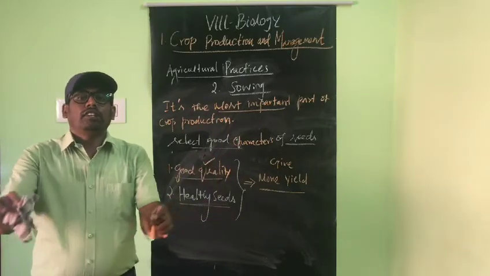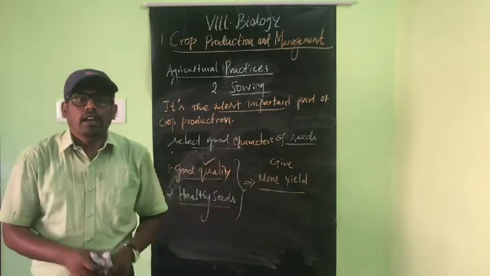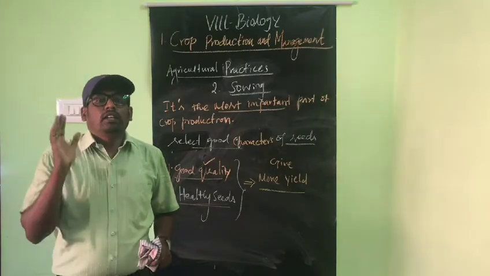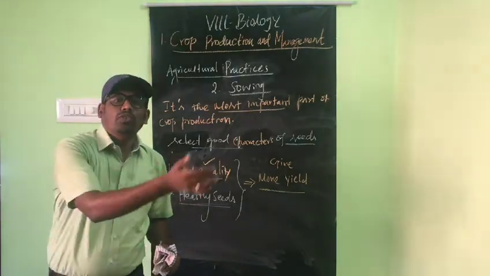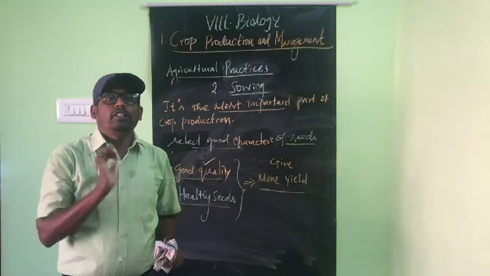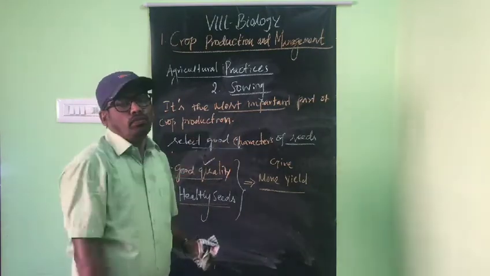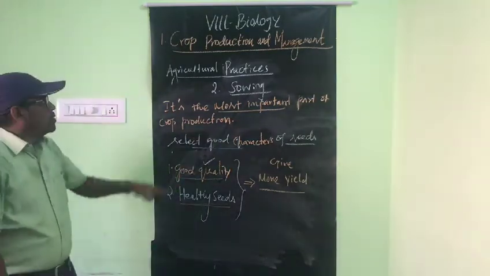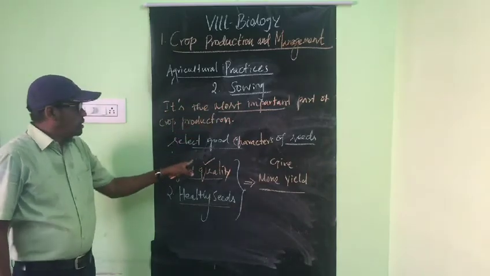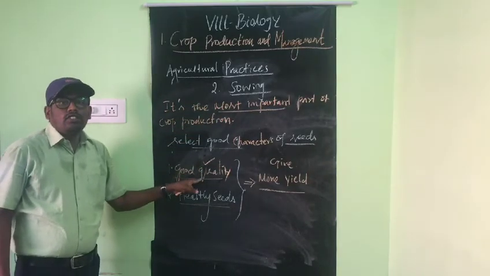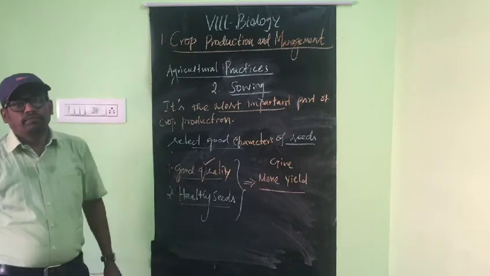The diseased seeds grow as diseased plants, and the diseased plant produces more diseased seeds. Like that it will continue. So sowing is an important process. These are the characteristics of good seeds.